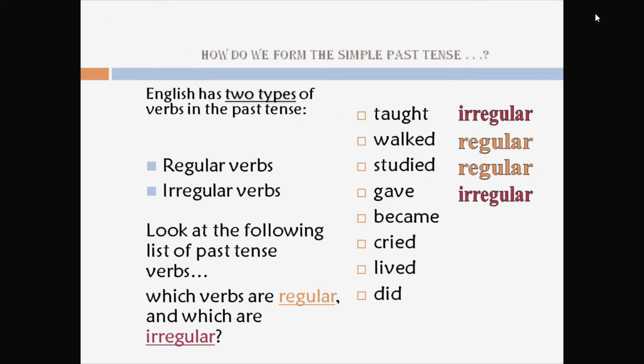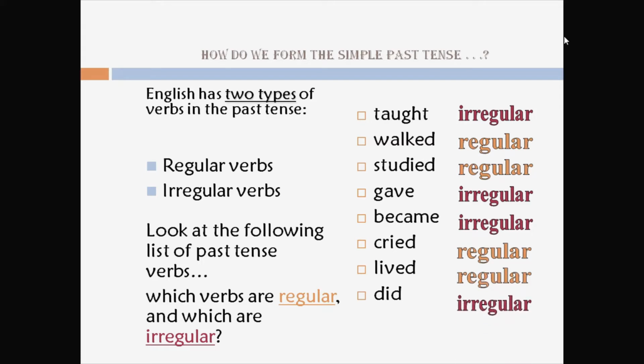Gave: we won't write gived, that is wrong. We write gave. That is irregular. The change of form is there in the whole word. Became is again irregular. Becomed is wrong, so we use became. Cried is a regular verb; again ed is given. Live, lived. Do, did. Here again it is an irregular verb.